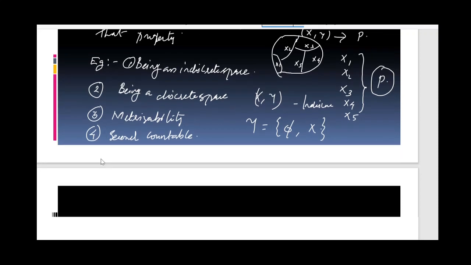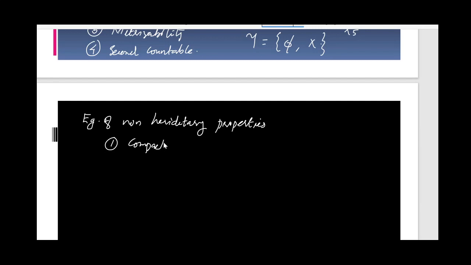Now, examples of non-hereditary properties. First one is compactness. Are you saying that compactness is not a hereditary property?